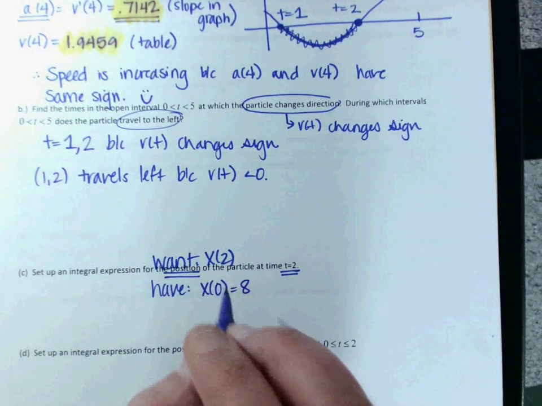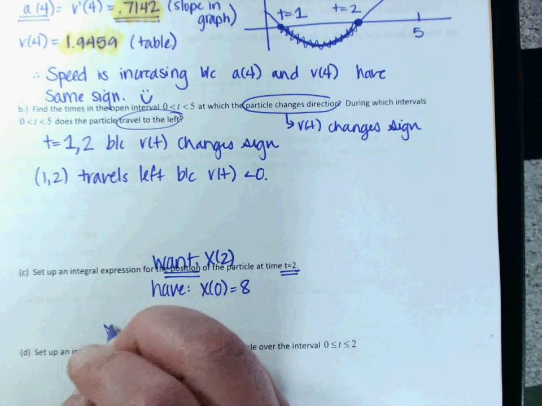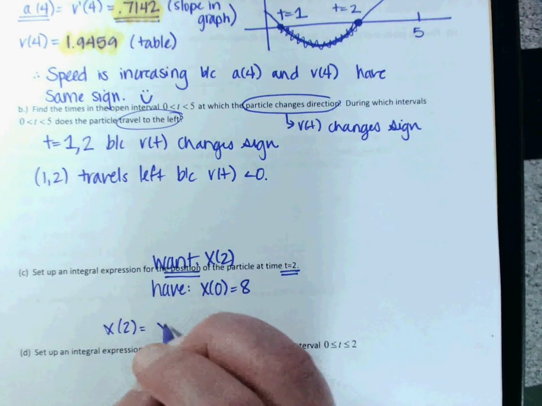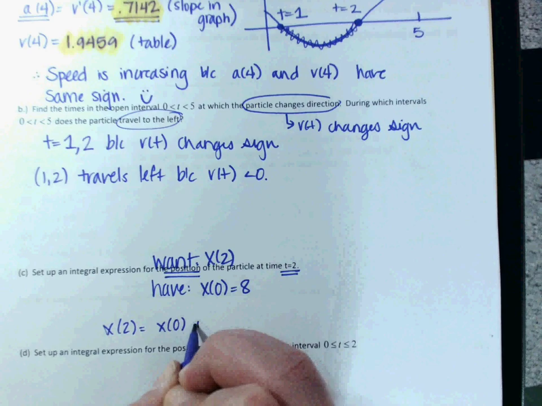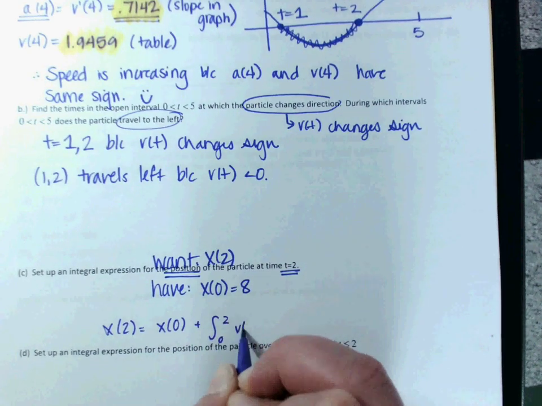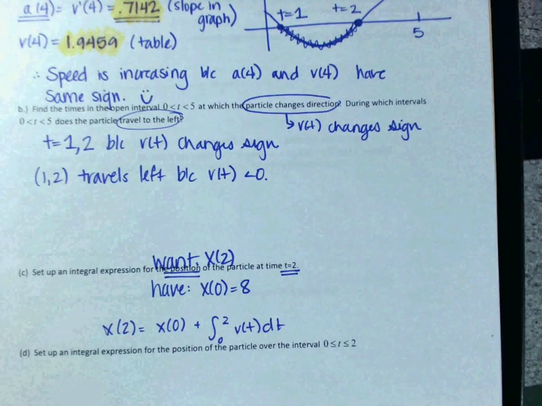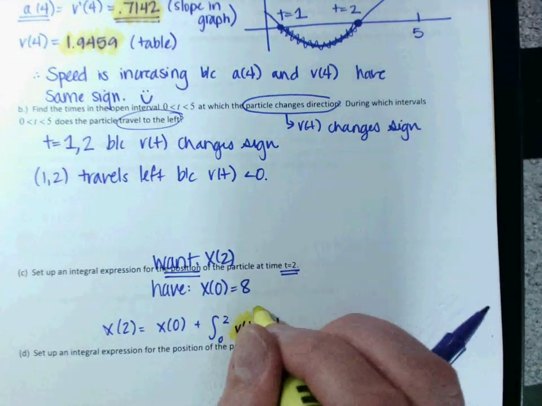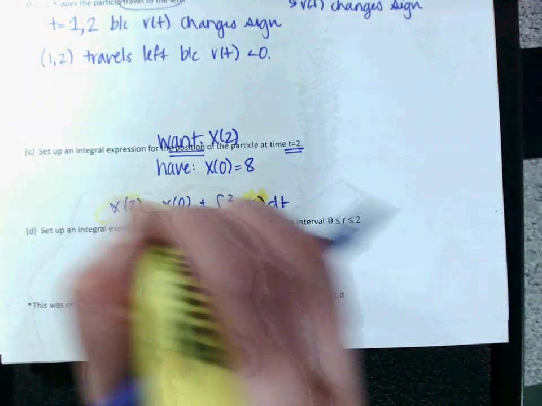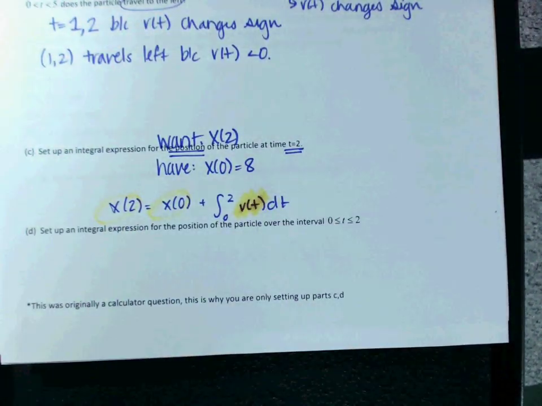If I want x of 2 and I have x of 0, then x of 0 is going to have to be added to the integral from 0 to 2 of my velocity. Keep in mind that whatever is in the integral should be the derivative of what's on the outside. If these are positions out here, then that should be velocity in the middle.